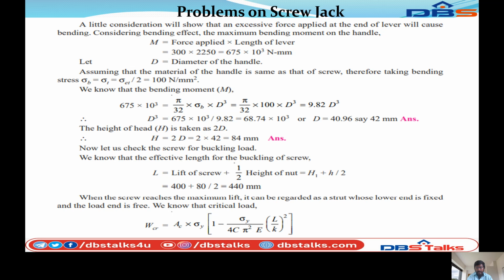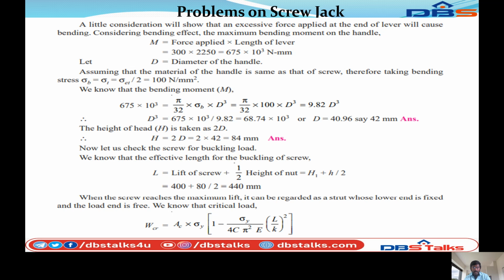So next we check the buckling load. We know the effective length of the buckling of the screw L is equal to lift of the screw plus half into height of the nut. This formula is taken from the design procedure.